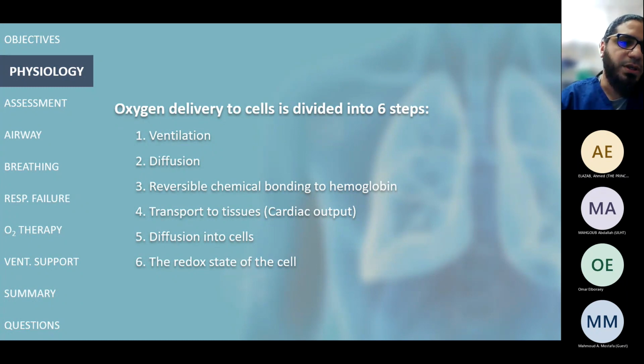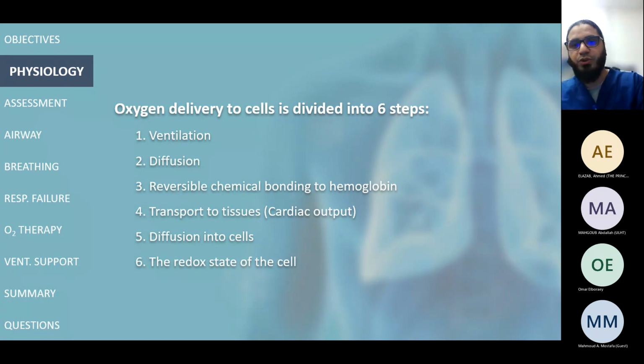And the next step is the oxygen will go across the alveolar capillary membrane to the blood, a process called diffusion, and then the oxygen will bind to hemoglobin in a reversible chemical bonding, which will be reversed at the level of the cell. The oxygen needs to travel from the lungs to the cells with the support of the heart, and this is the function of the cardiac output that we spoke about in the previous lecture about the management of shock.